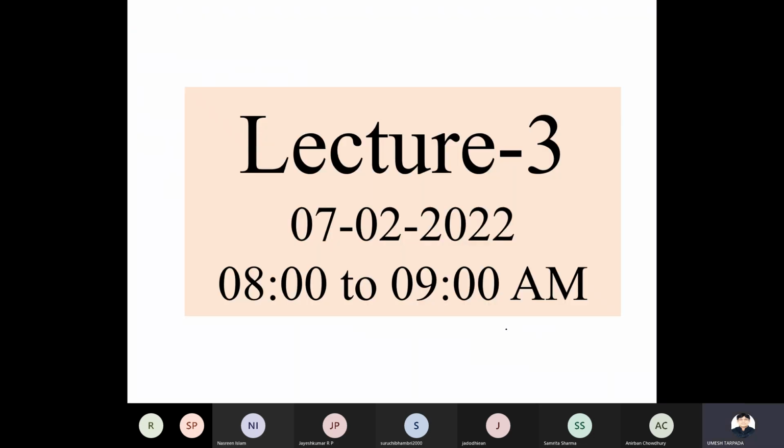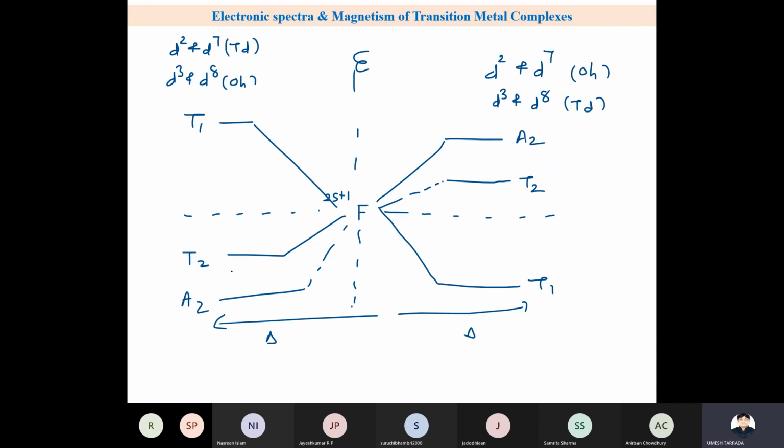In the case of D1, D2 and D7 systems, you can have 10 Dq equal to nu2 minus nu1.